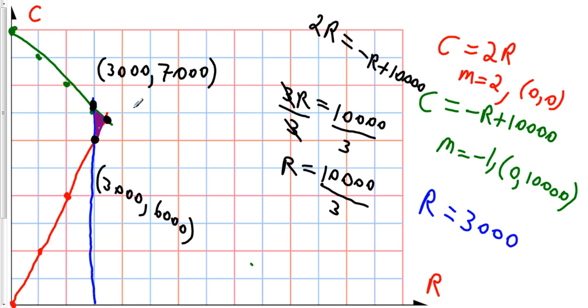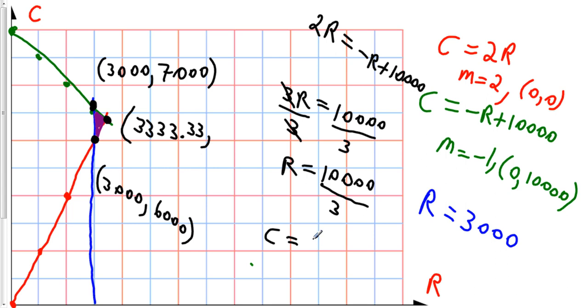So the first coordinate, R, is $3,333.33.